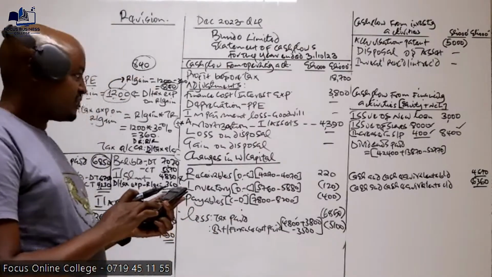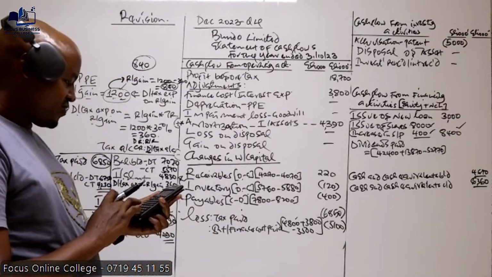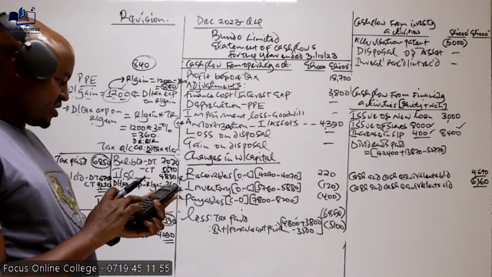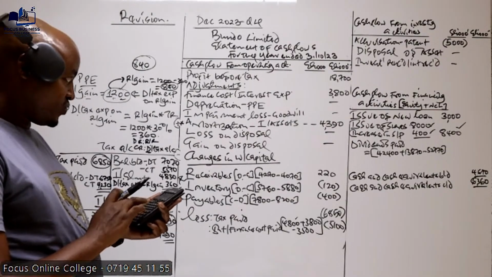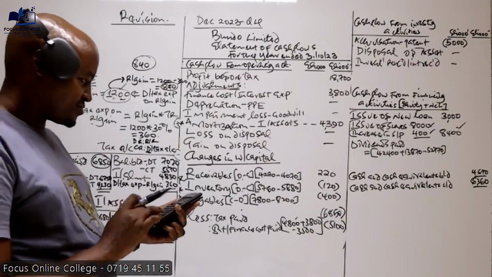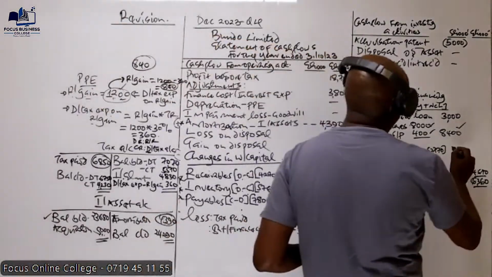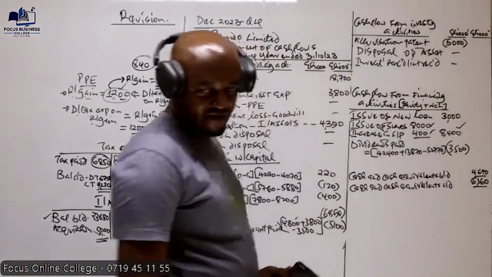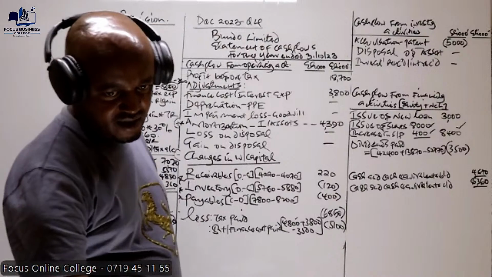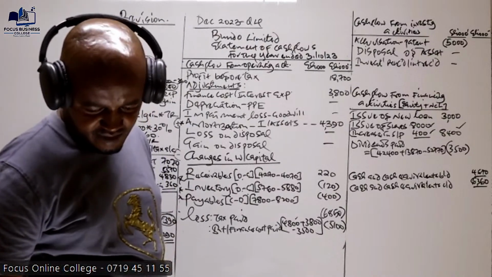That will give us dividend paid of how much? 42,400 plus 13,870 minus 52,770. And I'm getting 3,500.